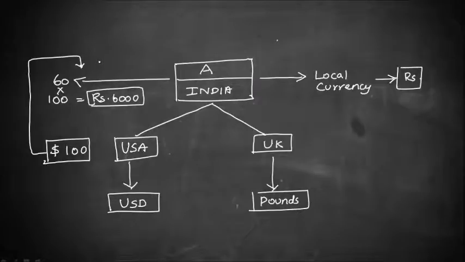Say on that date the US dollar becomes 59, then he is going to get only 5,900, losing 100. And say the US dollar becomes 61, he is going to get 6,100, gaining 100. So this is the level of volatility involved in foreign exchange.